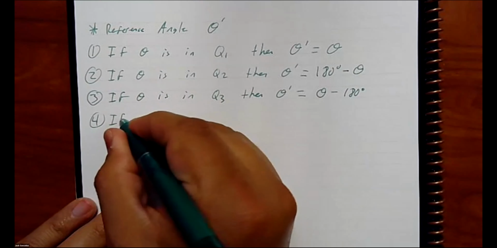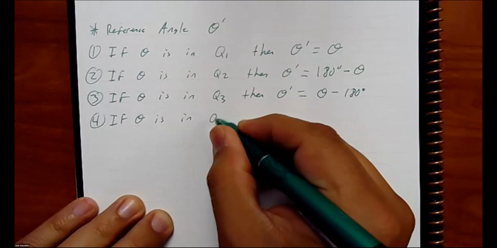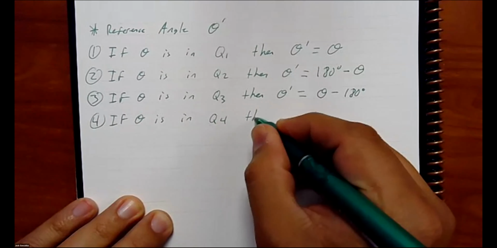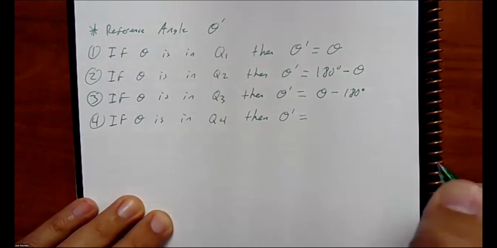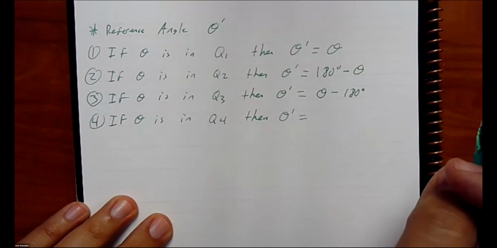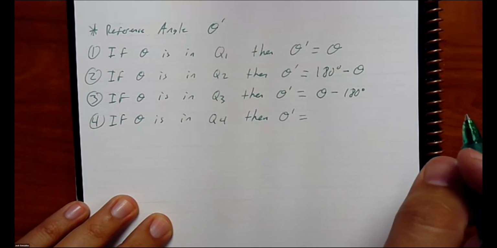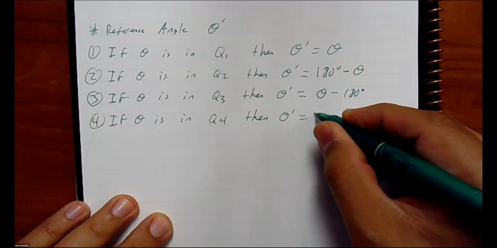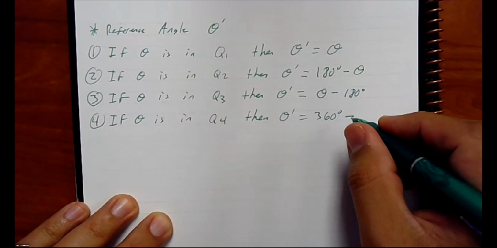And I'm just making these up by looking at the circle, but they are legit and it is in the book. I'm just deriving them, I guess. If we're in quadrant four, it'll be 360 minus theta.